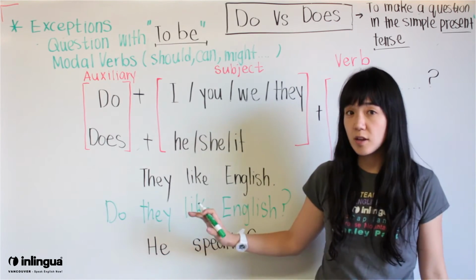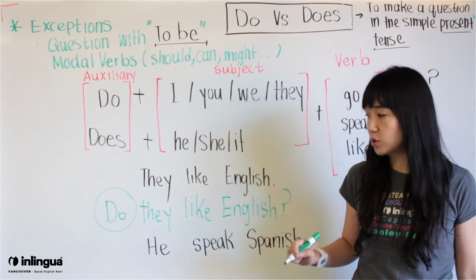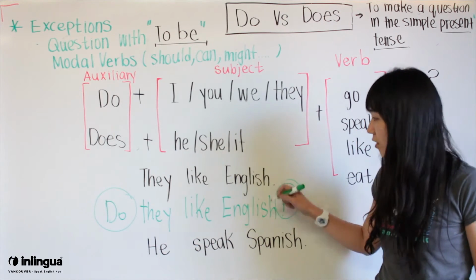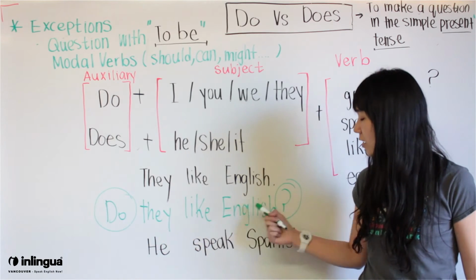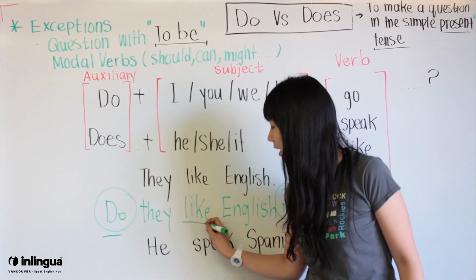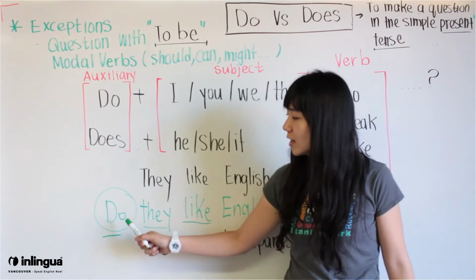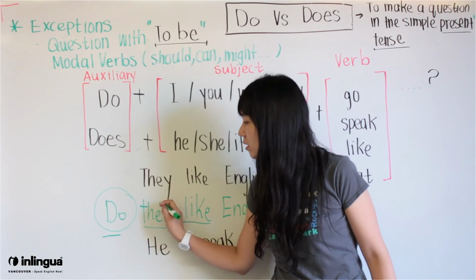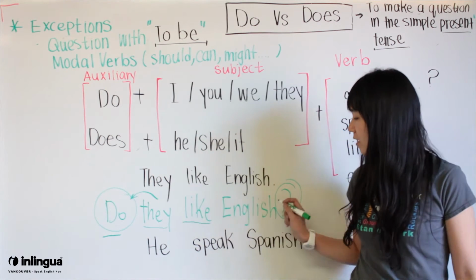So the only thing that you're adding here is the auxiliary verb do and the question mark. So you have the question, do they like English? The auxiliary verb do, the verb like, and here of course is the subject they. The reason again you have do is because of the subject they and the verb like, and of course the question mark.